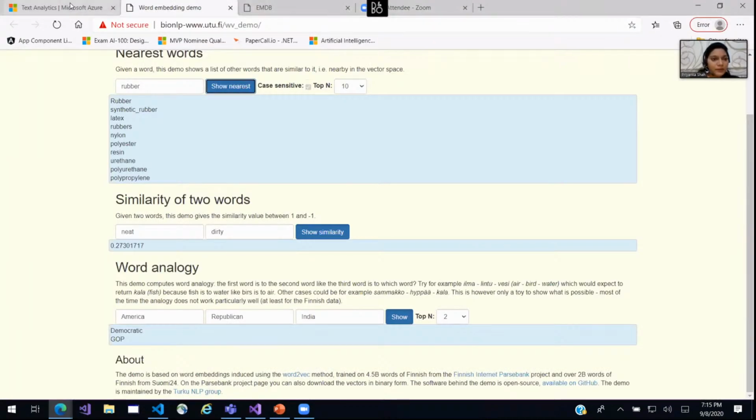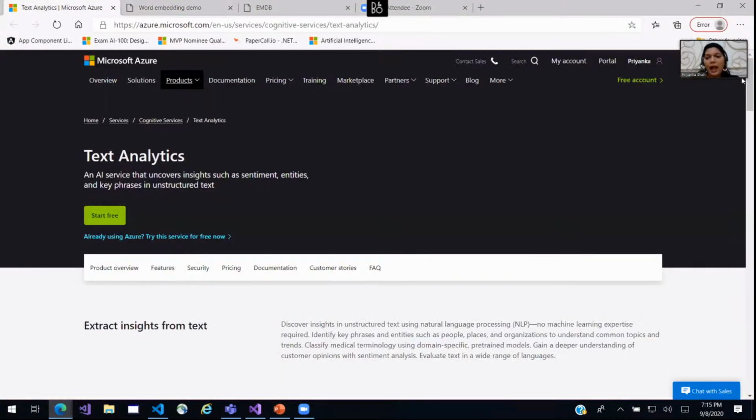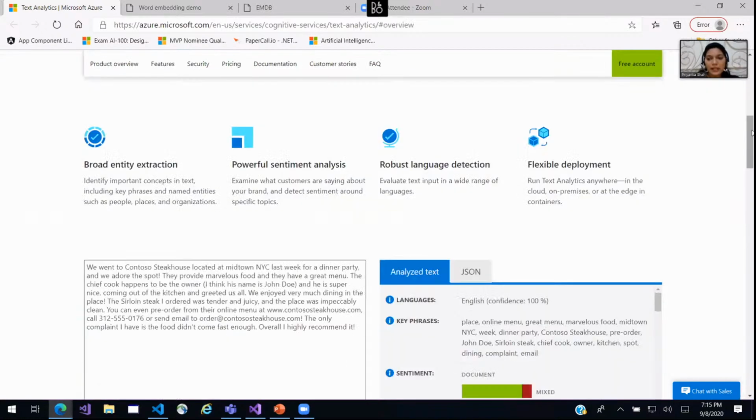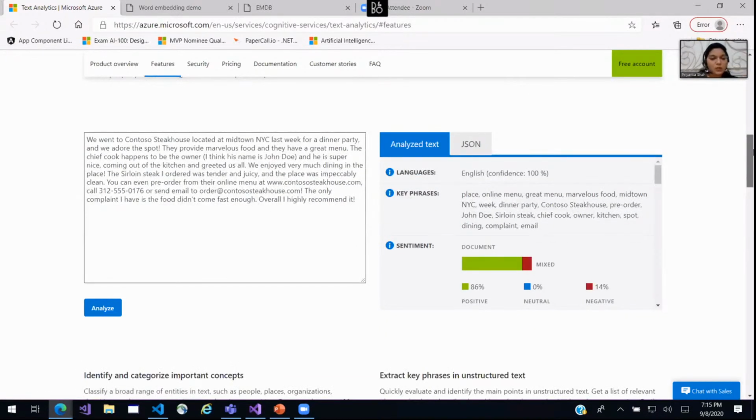So you go here, and this is the demo site of text analytics. I'm not typing anything. They have given some corpus here, some text here. I just click analyze. They have trained their models on NLP techniques. And basically what you get back is an analyzed text which gives you the overall sentiment of the document, and sentiment per sentence.